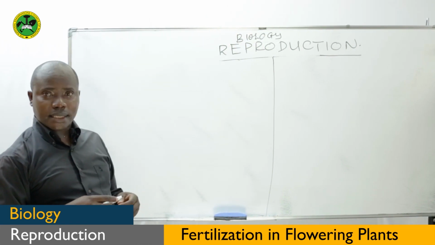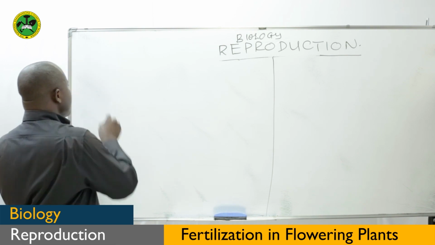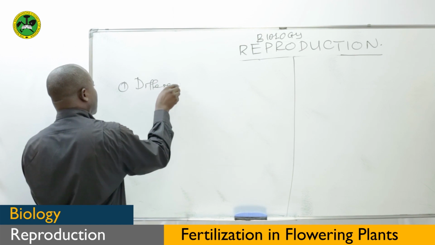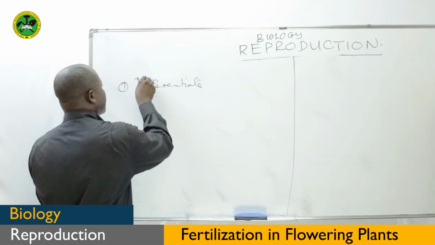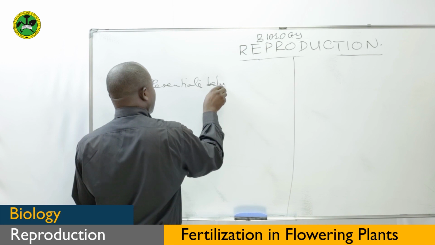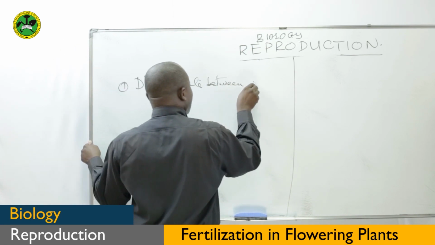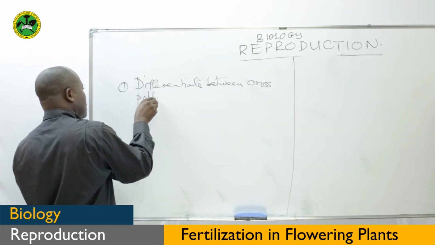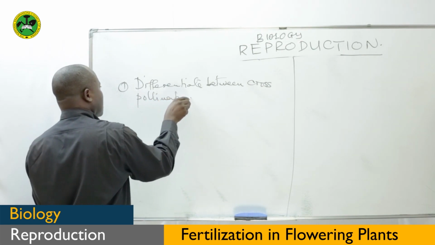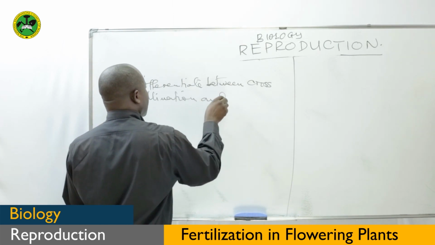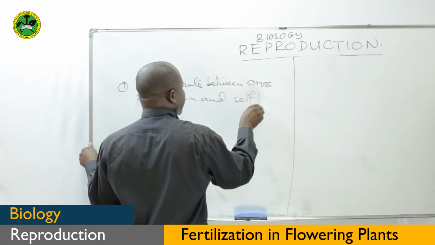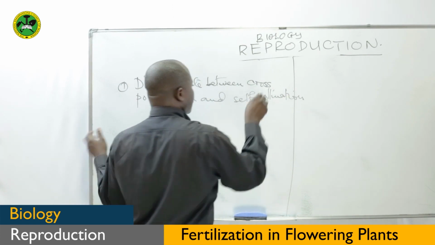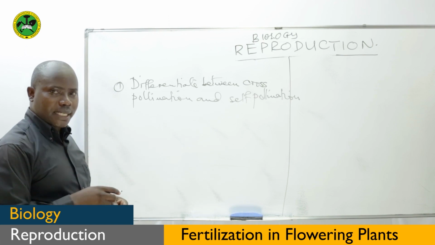For instance, you can be asked to differentiate between cross-pollination and self-pollination. This is one of the examples of the question that can be asked.